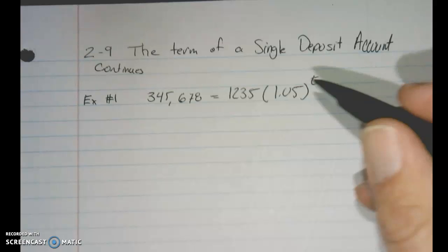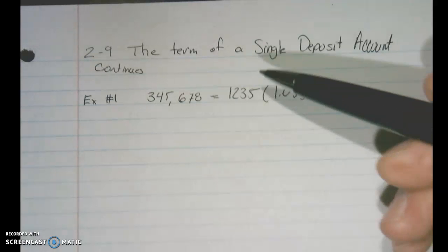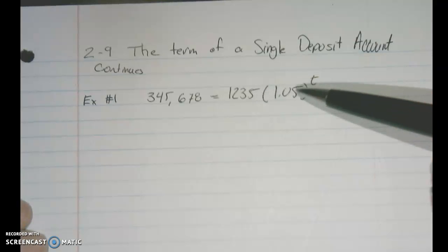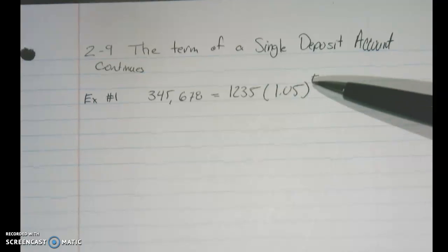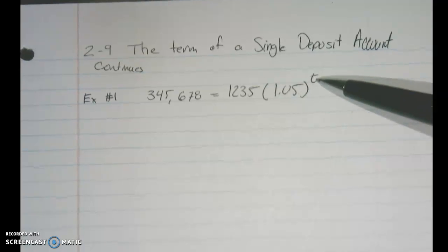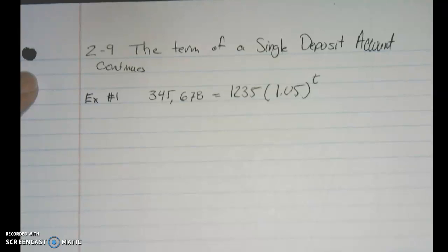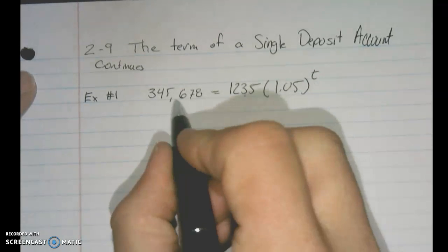This is our compound interest formula. This would be our principal, this would be our 1 plus r over n. It looks like n is going to be 1, so it's compounded annually because the time is only t. This would be our b. So we're looking at how long it took this much to grow into this.